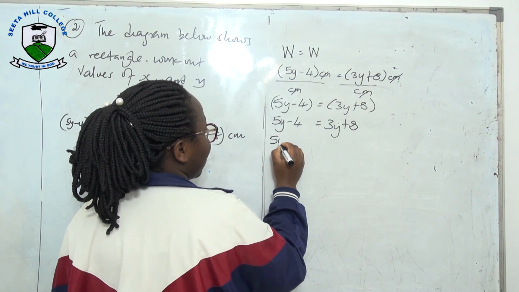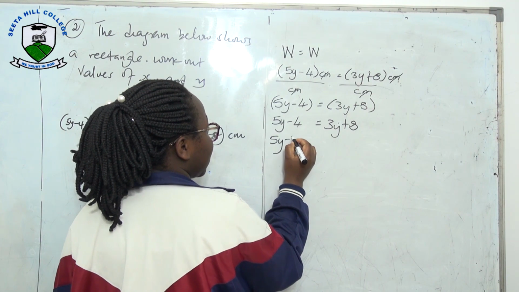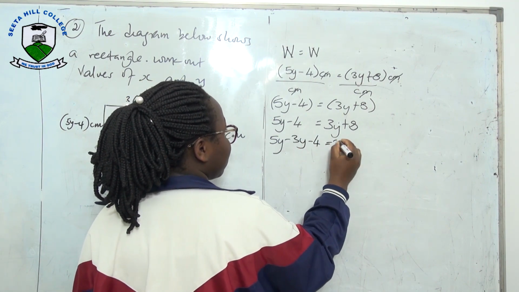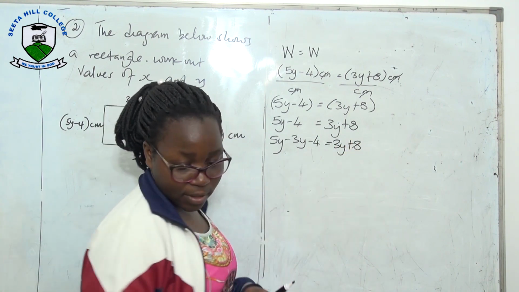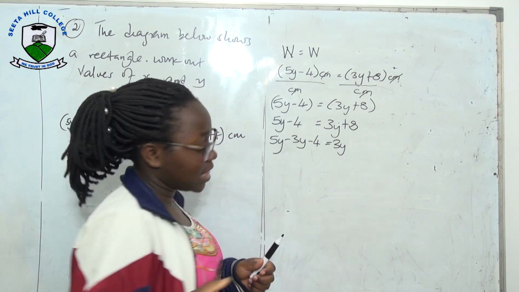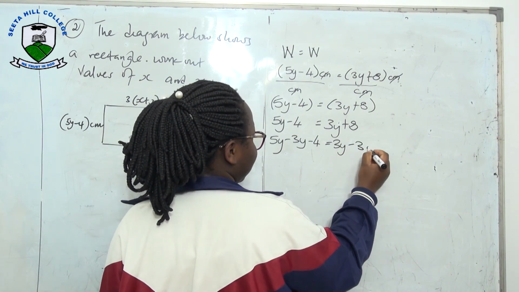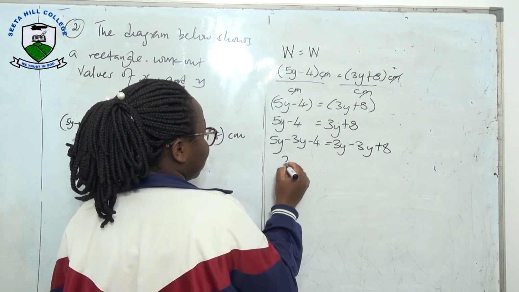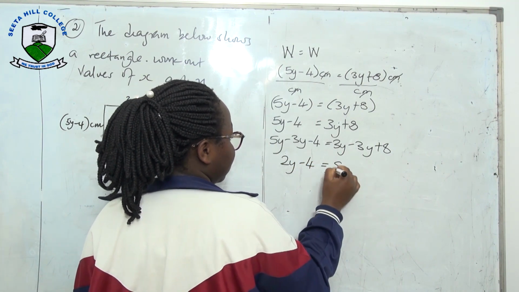So it will be 5y minus 3y minus 4 is equal to 3y minus 3y plus 8, because we have subtracted 3y from one side, so we have to subtract from both sides. So here it will give us 2y minus 4, giving us 8.